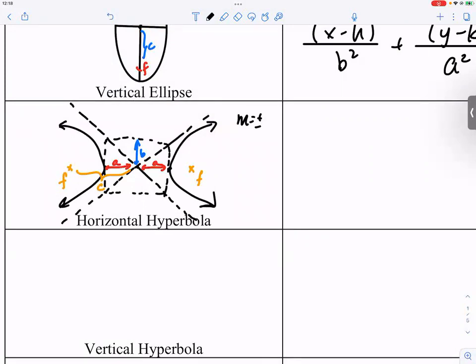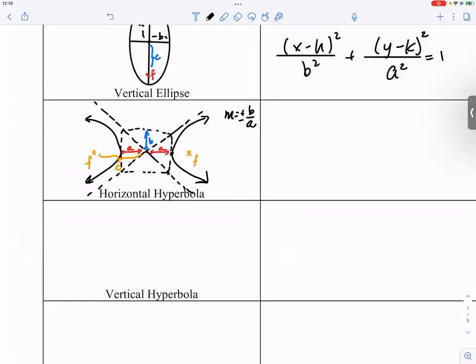Rise over run. If you label it, you cannot miss it. And you should not memorize it. You should get it from the diagram. Rise over run. Just open your eyes, label it, know it, rise over run, B over A. Okay? So that's the horizontal hyperbola.